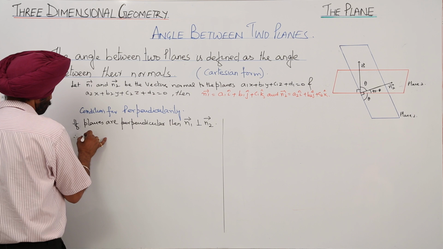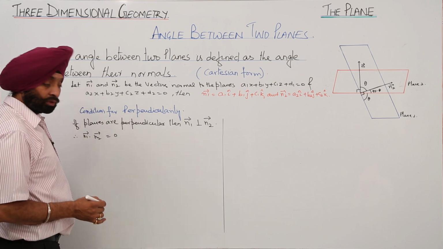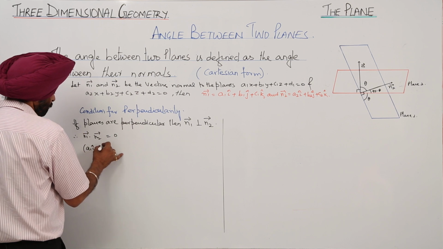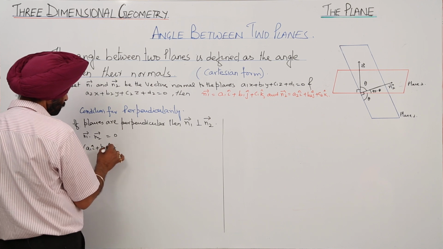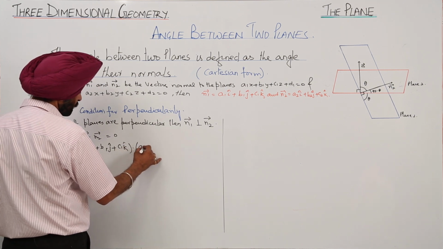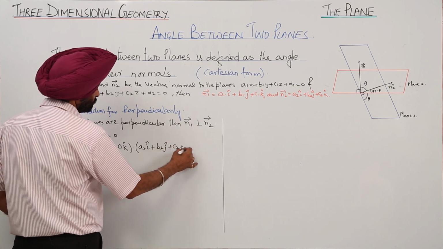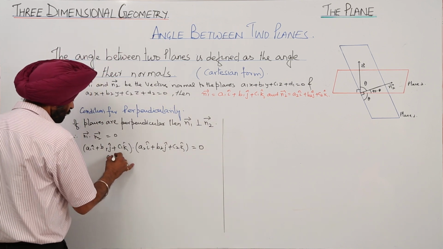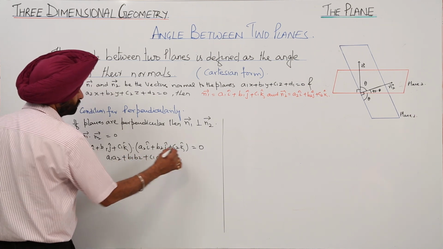Therefore, vector n1 dot vector n2 is equal to 0, or now n1 is a1 i cap plus b1 j cap plus c1 k cap, dot product with a2 i cap plus b2 j cap plus c2 k cap is equal to 0, or dot product shows a1 a2 plus b1 b2 plus c1 c2 is equal to 0.